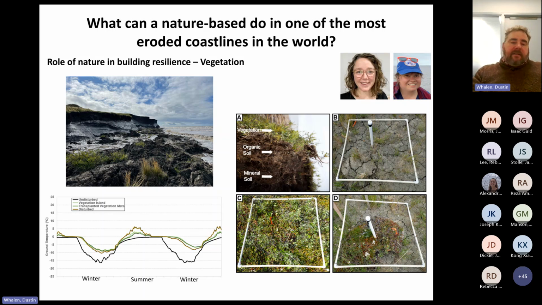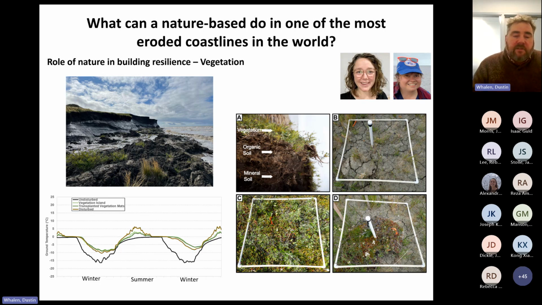So they looked at that, and it was really a fascinating study where areas that were undisturbed, so I guess the natural environment, got quite cold, and the temperature in general was colder than the areas that had some sort of vegetation, whether that was new vegetation or transplanted vegetation.